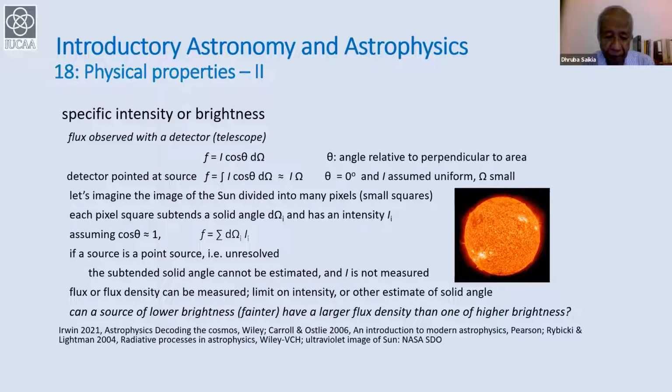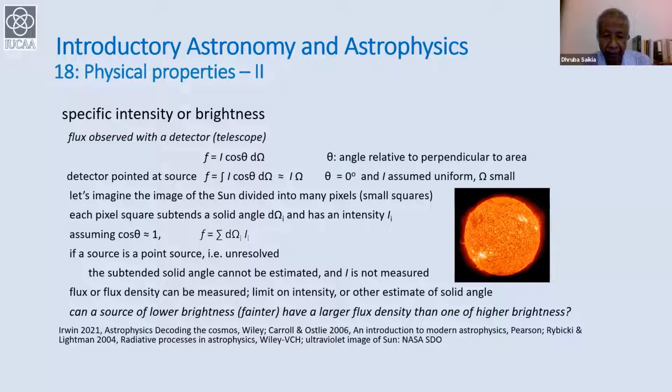So I cannot define a solid angle for the source. In those cases, I can only say the source is slightly smaller than my resolution element, and I can put a limit on the brightness, but I cannot have a precise value for the brightness.